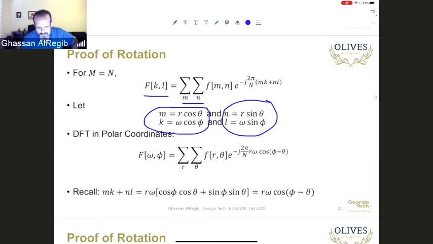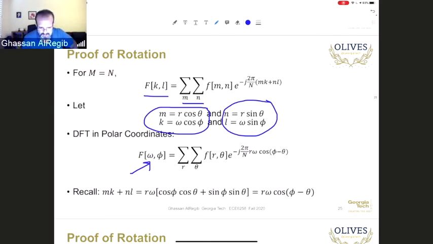And then we replace M, K, N, and L with these new variables. So now our DFT, instead of using the rectangular Cartesian coordinates K and L, is using the polar coordinates omega and phi, or W and phi, right?